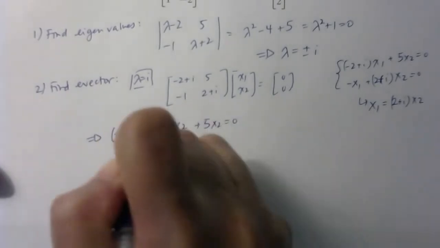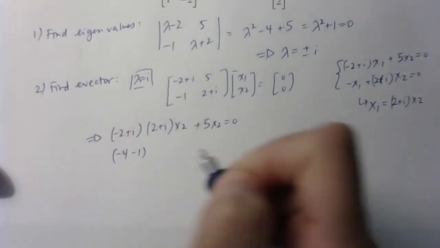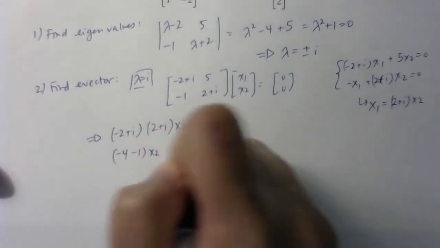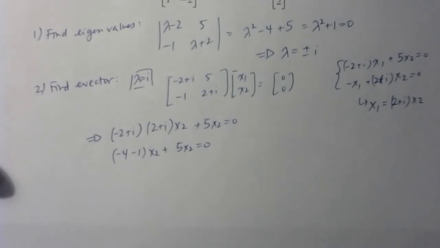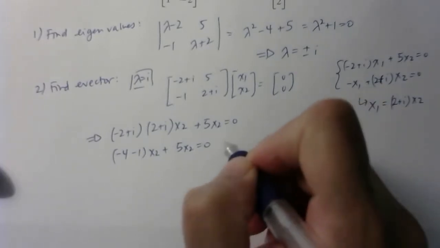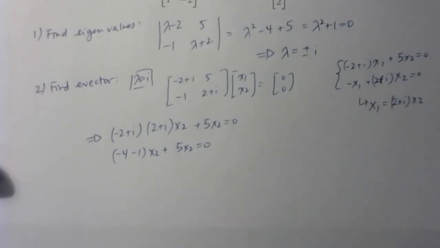So minus 4 and then minus 1 x2 plus 5x2 is equal to 0. So this equation just gives us 0 is equal to 0. That's not so helpful, right? I guess that makes sense because these two rows should give us maybe an equivalent condition.